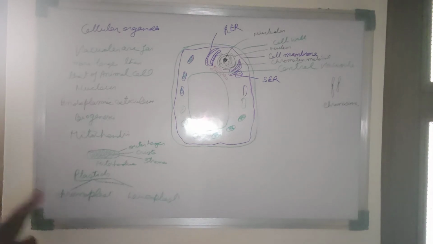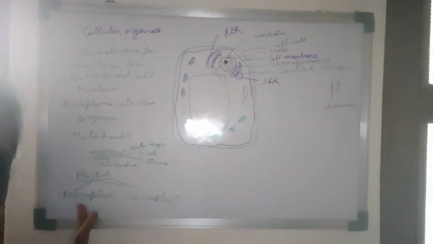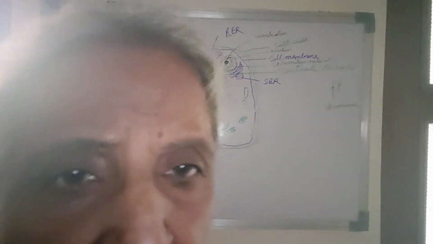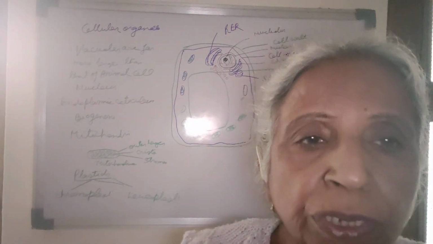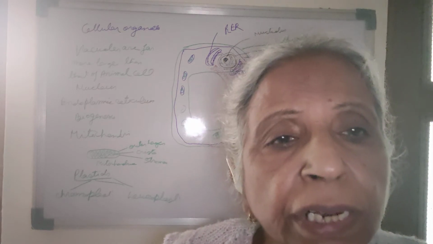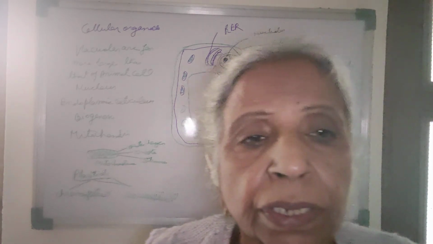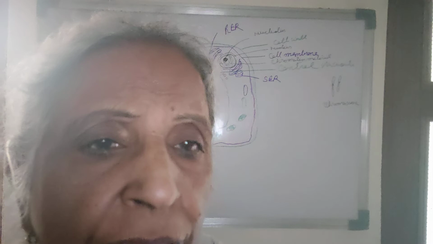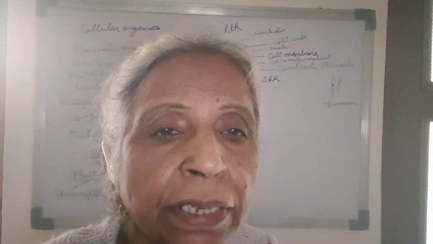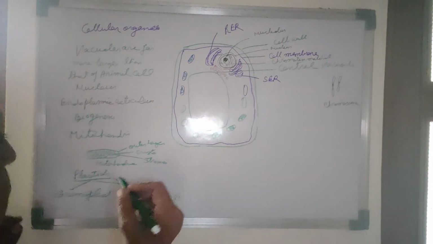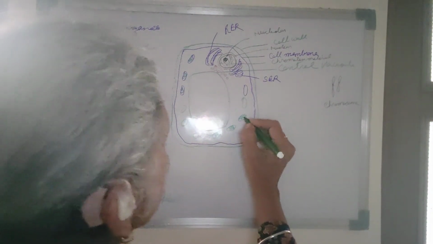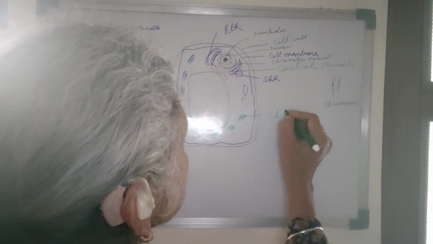In most plants, the green pigment is in abundance, which is called chlorophyll. It plays a great role in photosynthesis, converting light energy into stored food energy, that is starch, etc., by taking carbon dioxide and water. So the plastids containing chlorophyll are called chloroplasts.